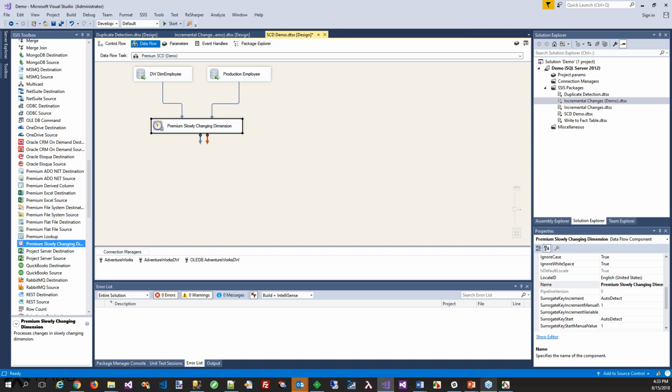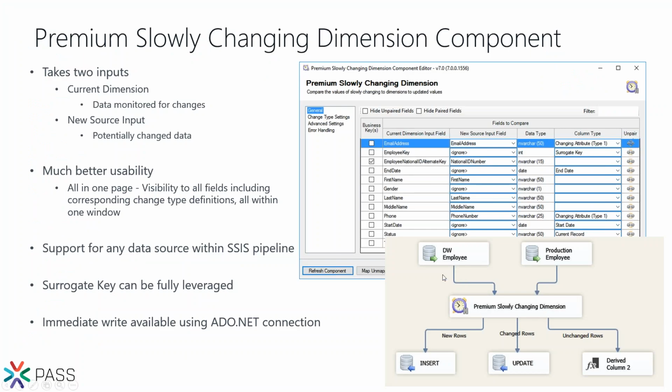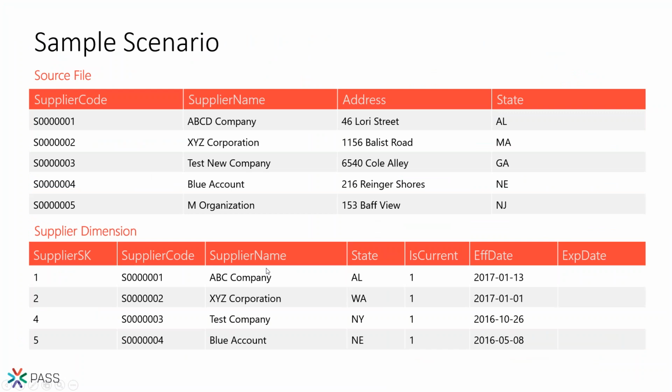Okay, let's move on to the deck. Let's just cover a little bit about the background of the slowly changing dimension situation. As you can see, this is sample data where we have the source file, the supply dimension, and the target data.